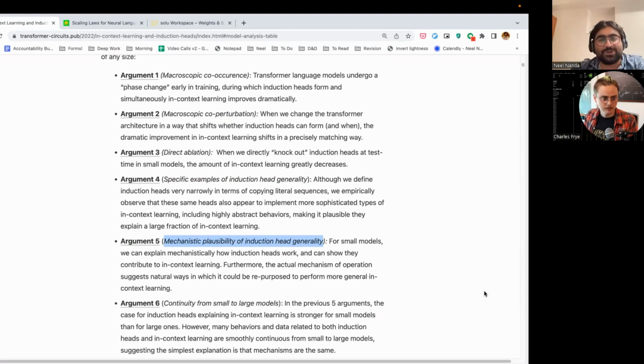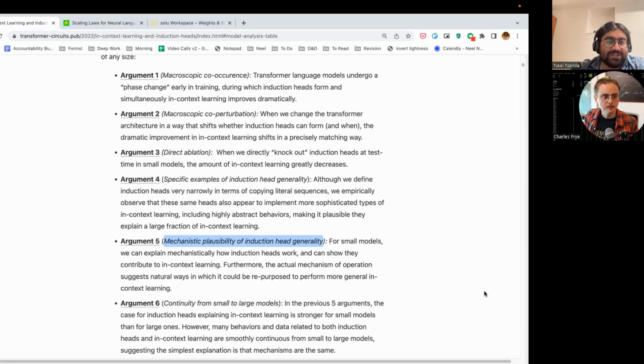Here, the argument is just literally, we can reverse engineer in a tiny model exactly how induction heads work and exactly why they must contribute to in-context learning. And conceptually, this mechanism seems like it could clearly generalize to translation and few-shot learning, which feels like pretty good evidence of it actually just makes sense that this could happen in real models.